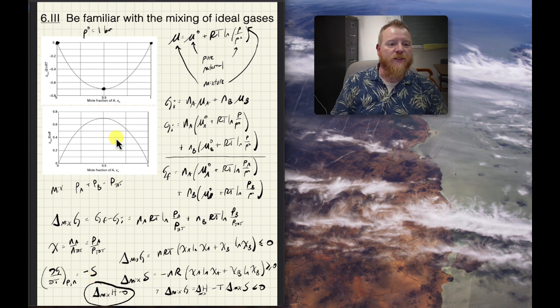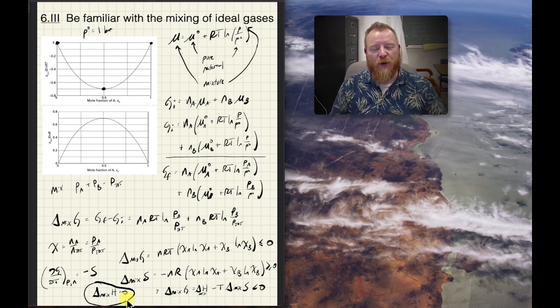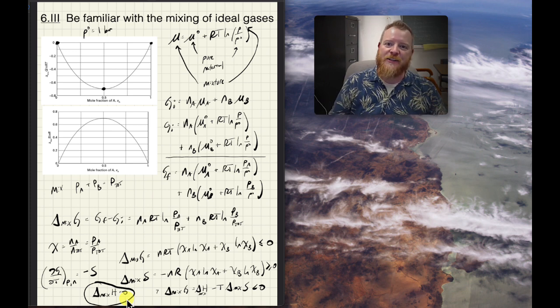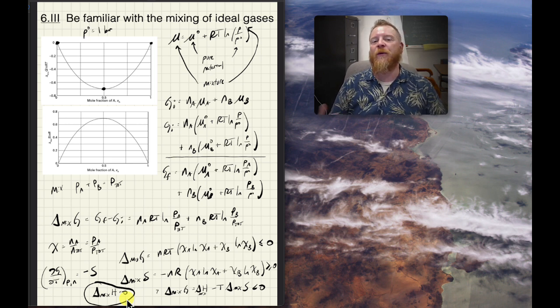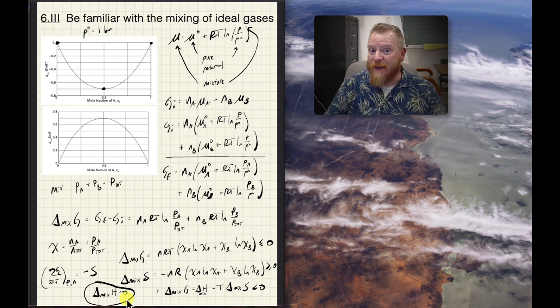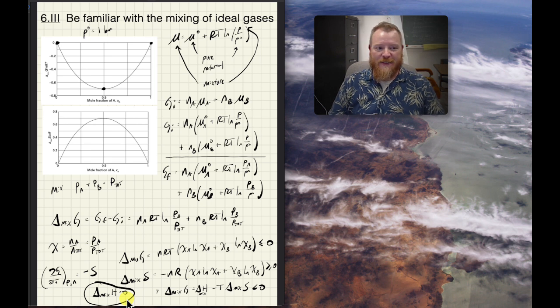So delta G of mix is always negative, delta S of mix is always positive, and delta H of mixing ideal gases is always 0. Which all makes good sense when we think about the previous discussions we've had, that in ideal gases there are no interactions. So why would there be any enthalpy release or absorption upon mixing those things? And of course, it should be always spontaneous to mix ideal gases. So that's what we can conclude from these equations.